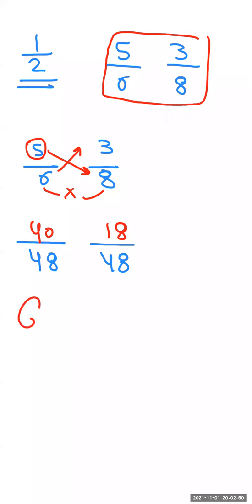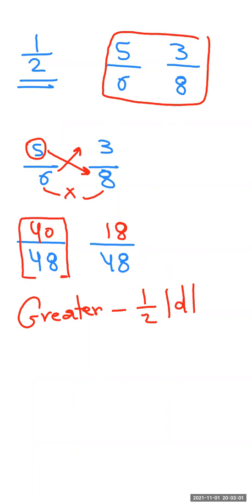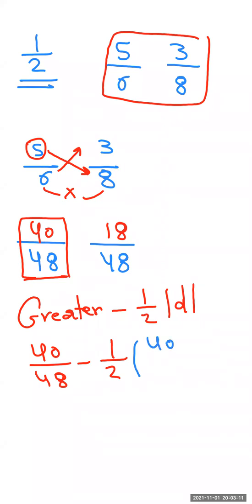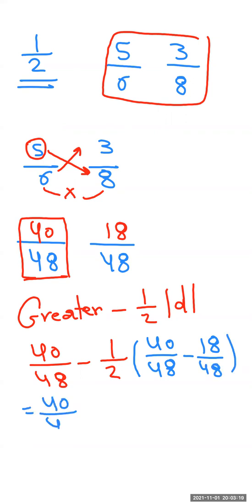So greater minus 1 over 2 the absolute value of the distance. The greater, of course, is 40 over 48, minus half times the absolute value of the distance, which is 40 over 48 minus 18 over 48. So it equals 40 over 48 minus half times 40 minus 18, which is 22 over 48.